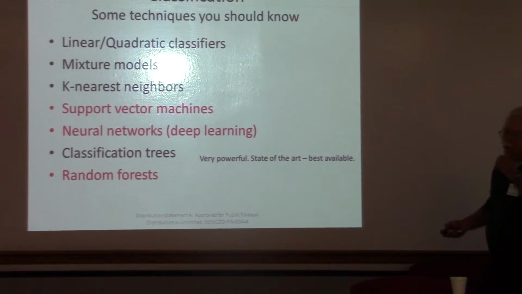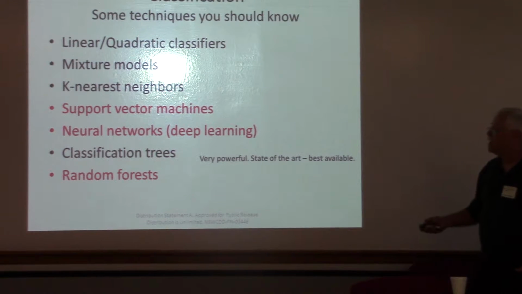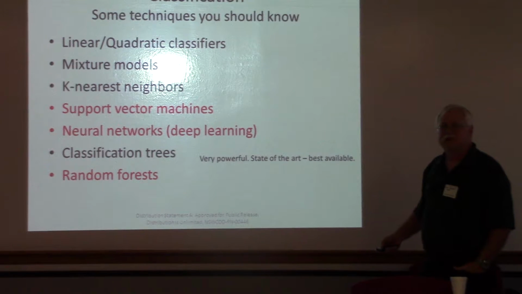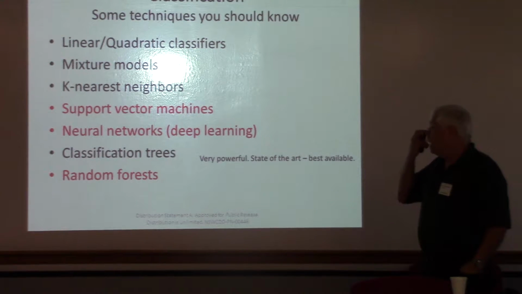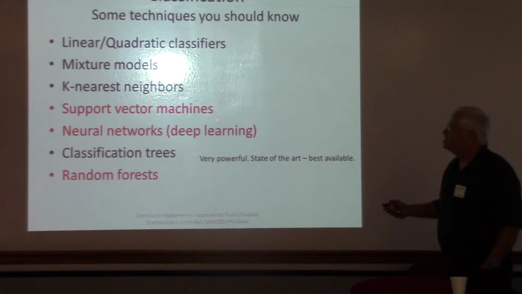These are the best in class. There was a paper that just recently came out that compared 10,000 classification variations on 10,000 different data sets and came to the conclusion that random forest is the best, support vector machines is probably just as good, and I don't think they compared these.